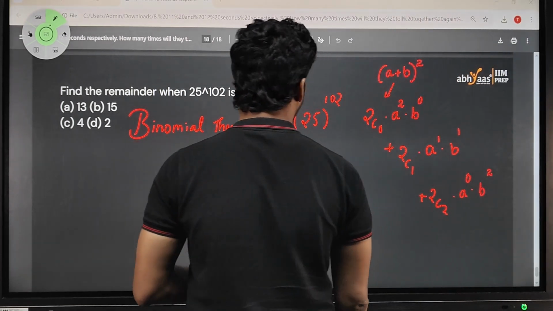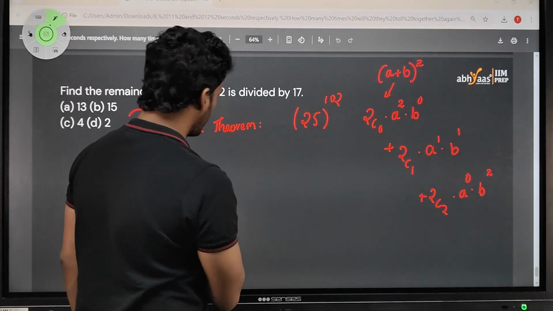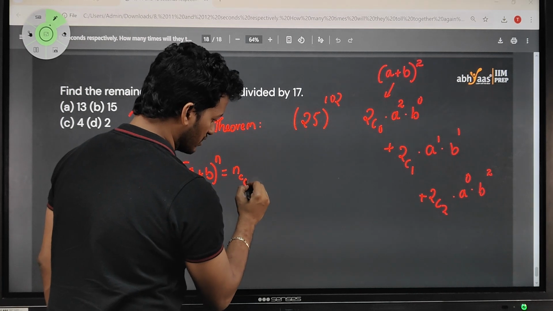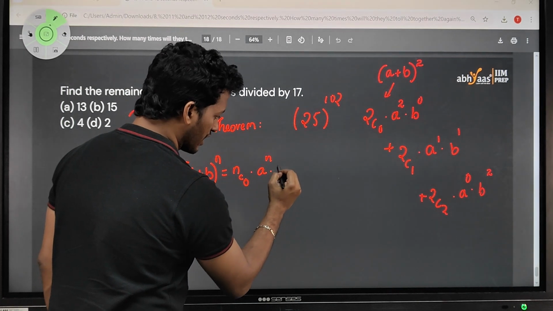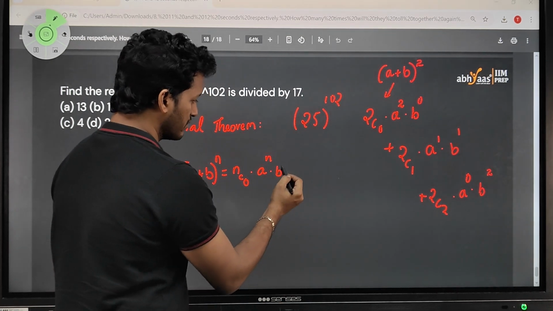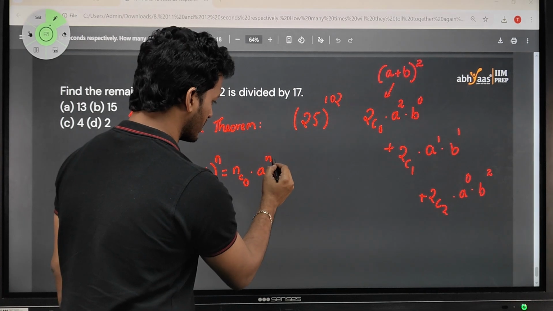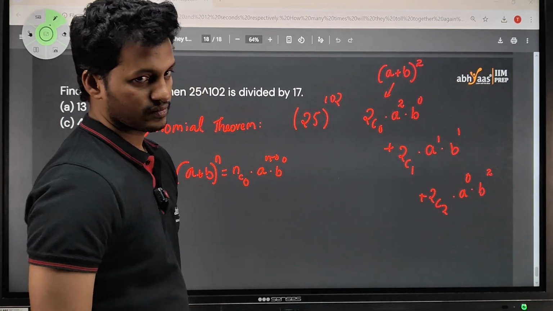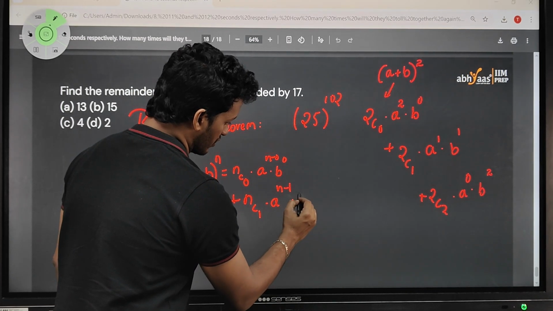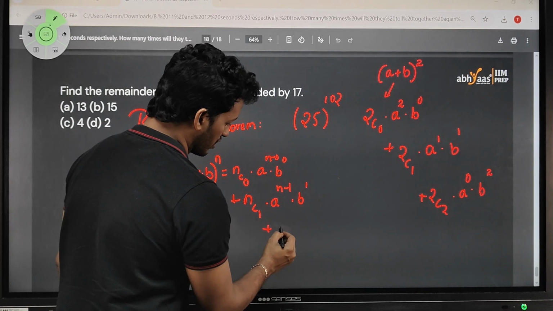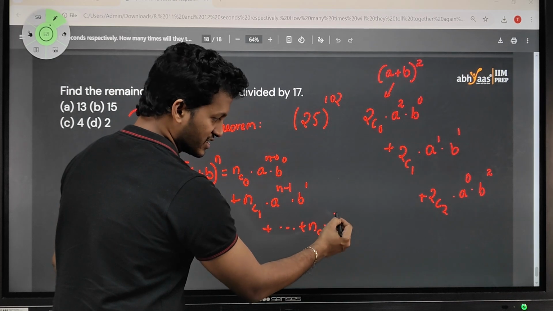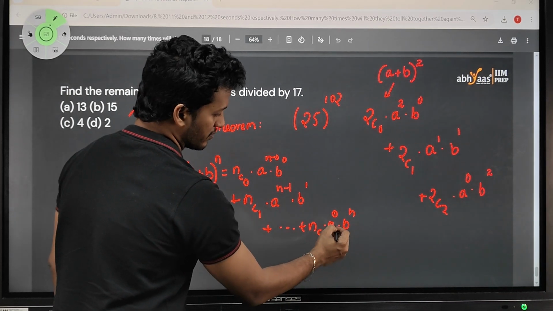So if I have to express it in a generalized form, (a plus b) whole power n can be taken as nC0 into a power n minus 0 into b power 0. The next term would be nC1, so a power n minus 1 into b power 1, and so on, up till nCn into a power n minus n, that is 0, into b power n.